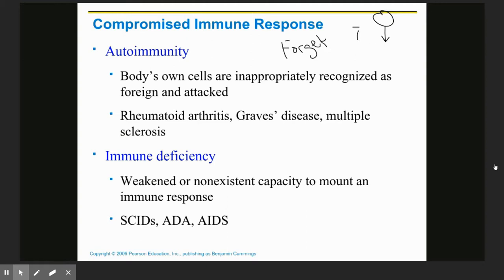They went through positive and negative selection, but somehow they escaped. Somehow they either cheated on the test or didn't take the test at all. They escaped. And so what is now wandering around in this person's body are all these cells that don't know the difference between self and non-self. And so they attack the body's own cells.